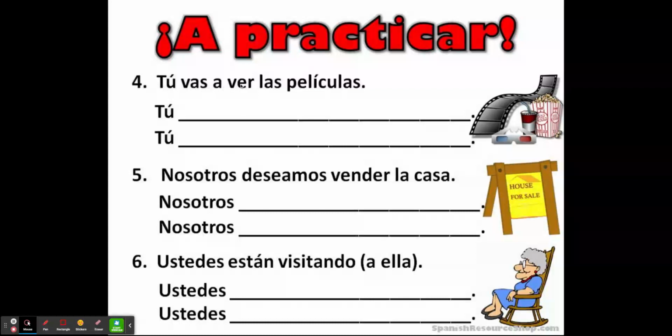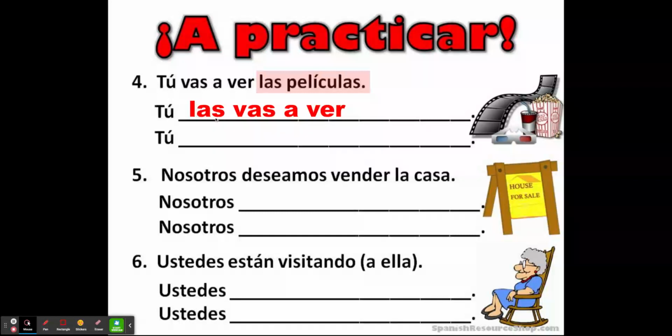Going to see movies. Okay, tú vas a ver las películas. Two verbs. The first one conjugated, the second one is not. Okay, las películas tú las vas a ver. Now you have it, it's given here, the definite article, the movies. And you use this as a pronoun. Now this means to go and watch them.